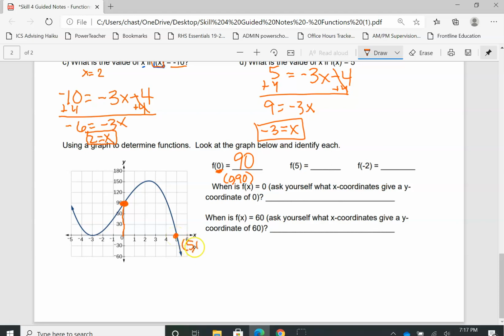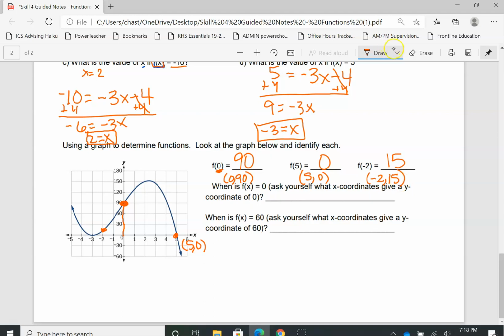That ordered pair is (5, 0), so f(5) equals 0. And for f(-2), it looks about halfway between 0 and 30, so we'll say it's 15. And that one we had to estimate because we don't know exactly.